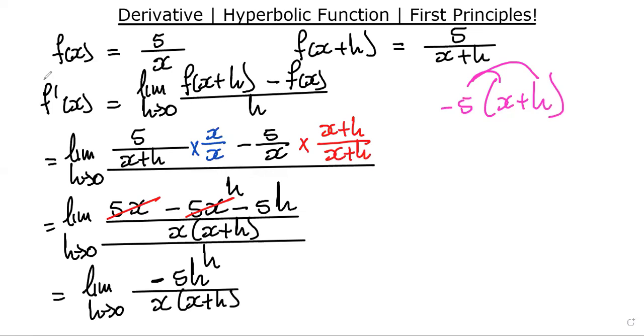And then instead of you saying this whole thing is divided by h, we are just going to multiply by the reciprocal of h, which is just 1 over h. Do you see that?